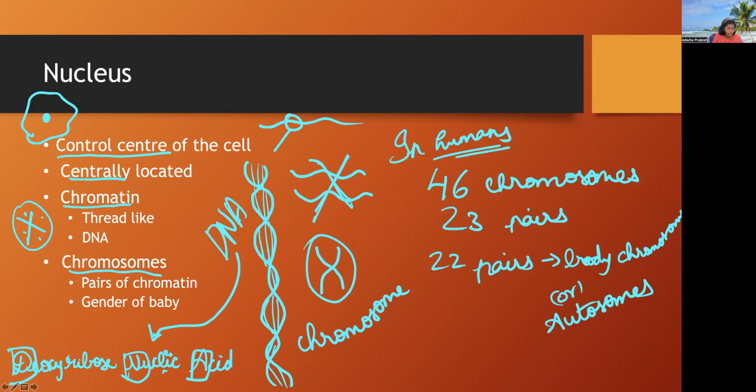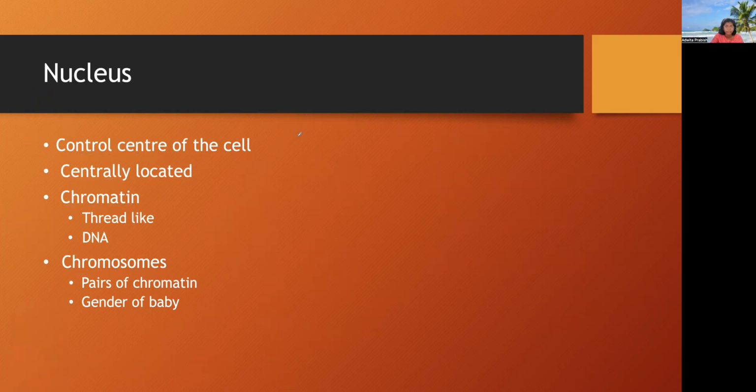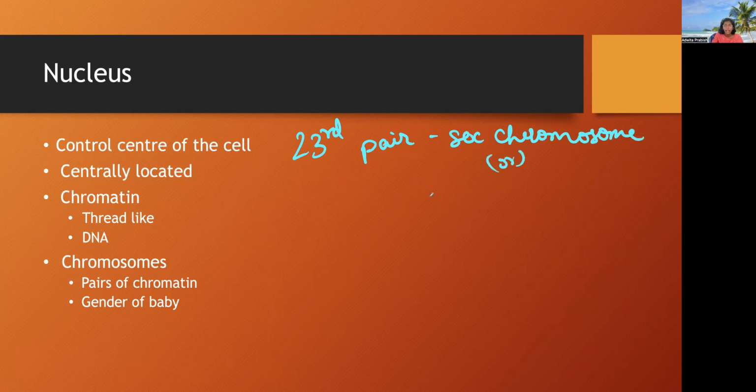So let's see about the 23rd pair. So the 23rd pair is called the sex chromosome, or the allosomes. Why is this 23rd pair so important?